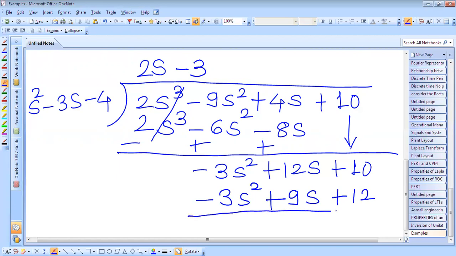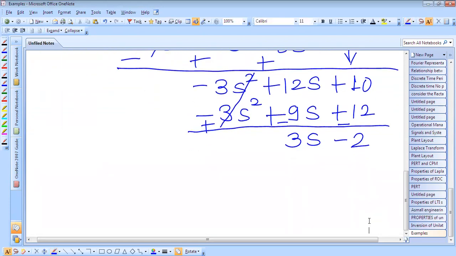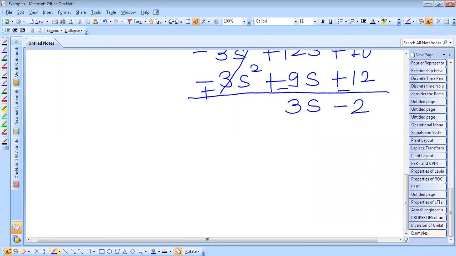Now subtract these, so the first term gets cancelled. What remains is 3s minus 2. So this is the long division method.